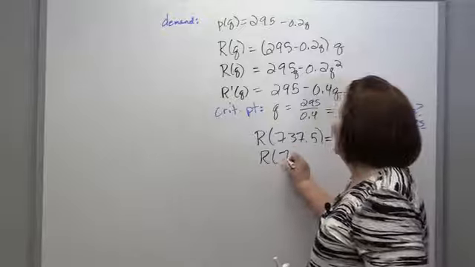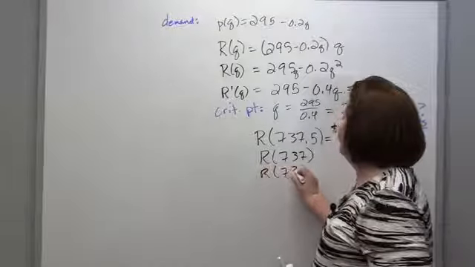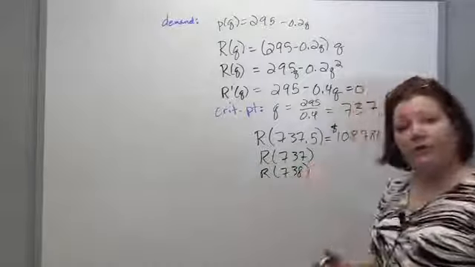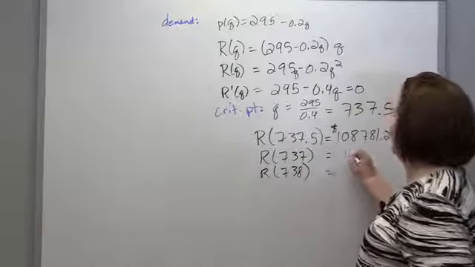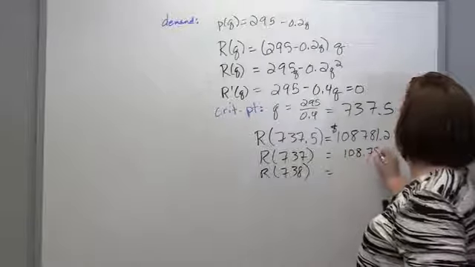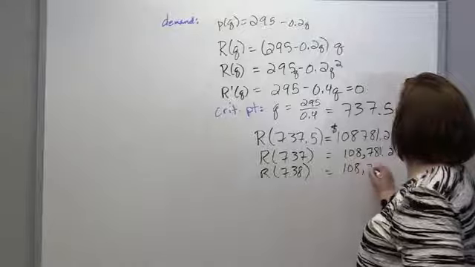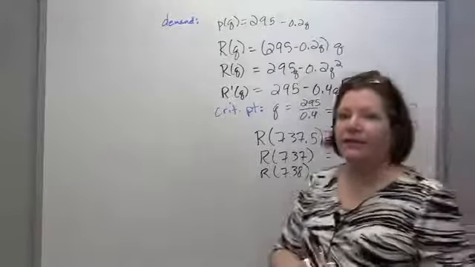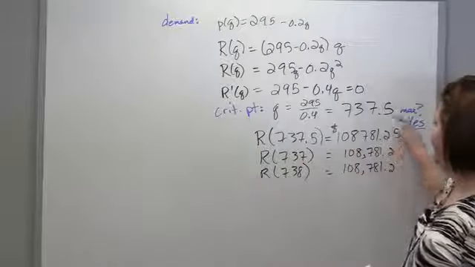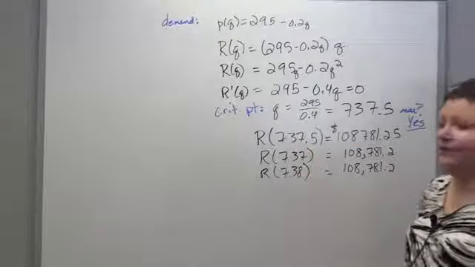And it might make sense to plug in the whole numbers right around us. And it turns out for this one, we get the same answer, 108,781.2. So we're only a nickel difference between making half of a t-shirt and whole t-shirts.